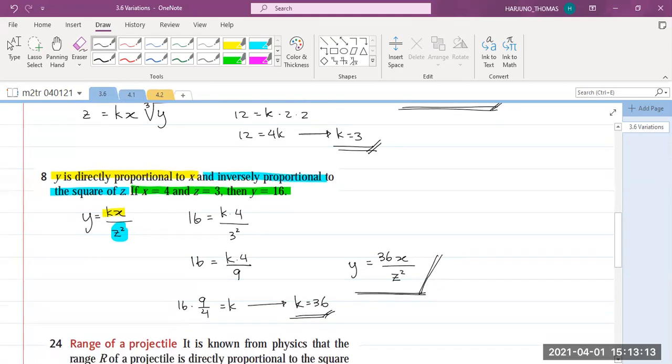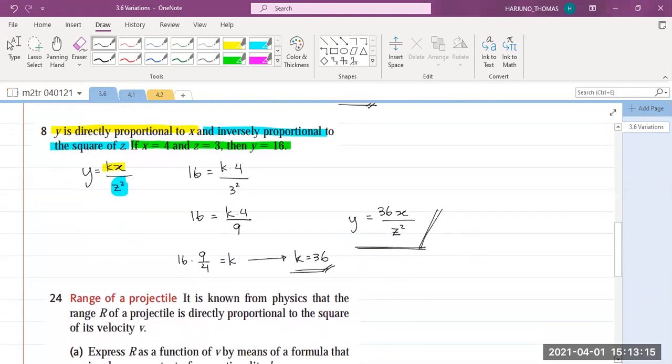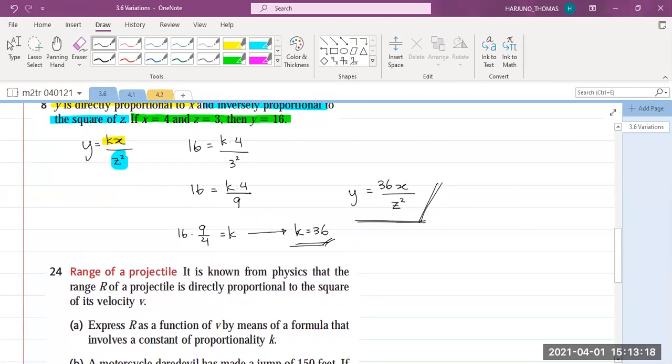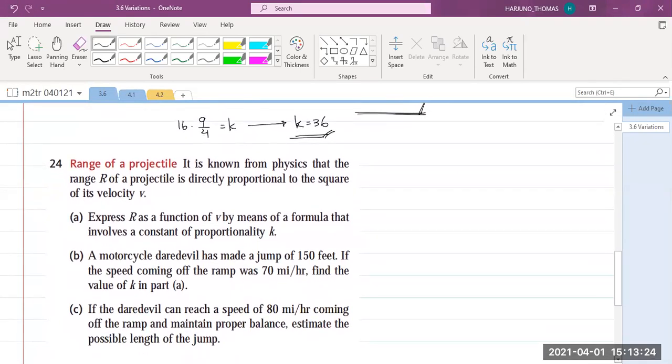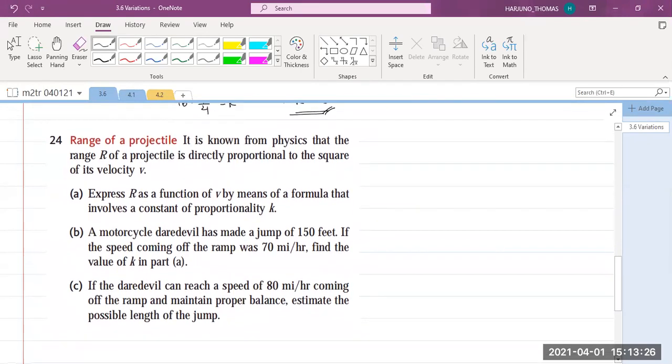Now for the next 2 questions, we learn how to construct the equation and then make some conclusions from those.